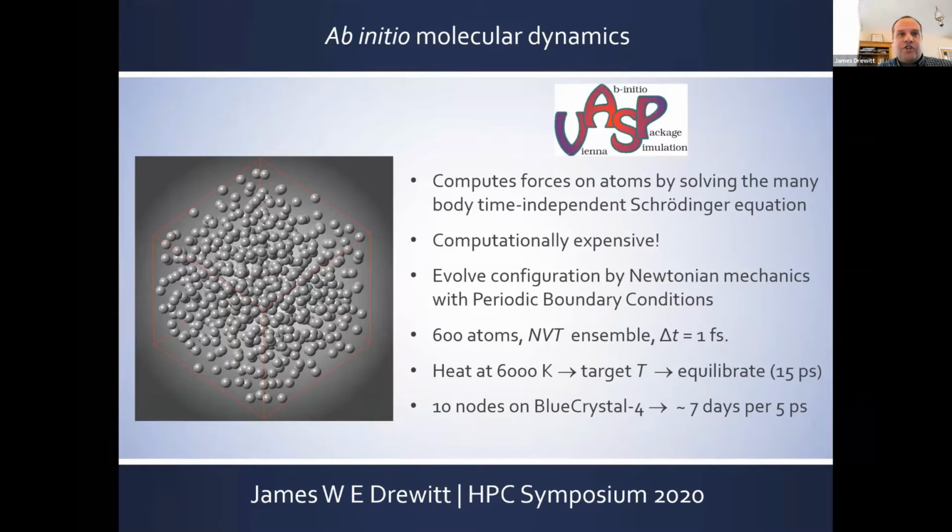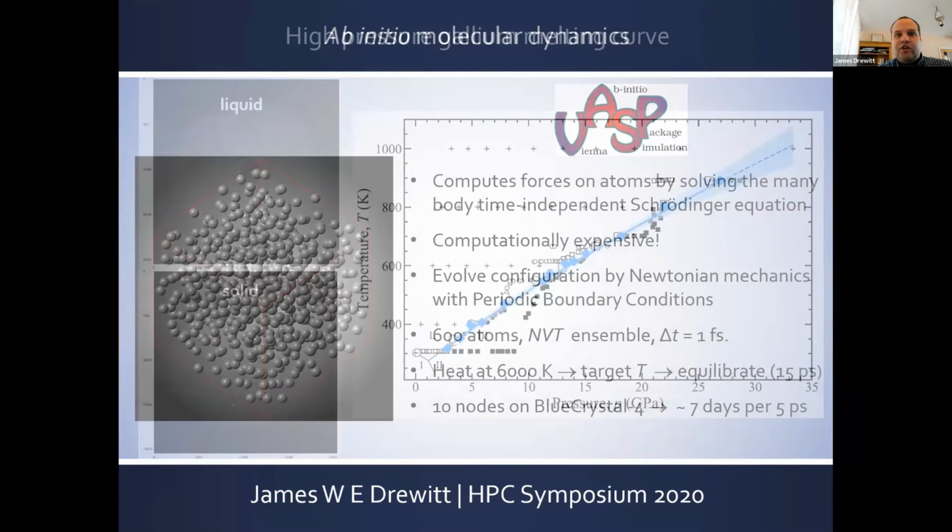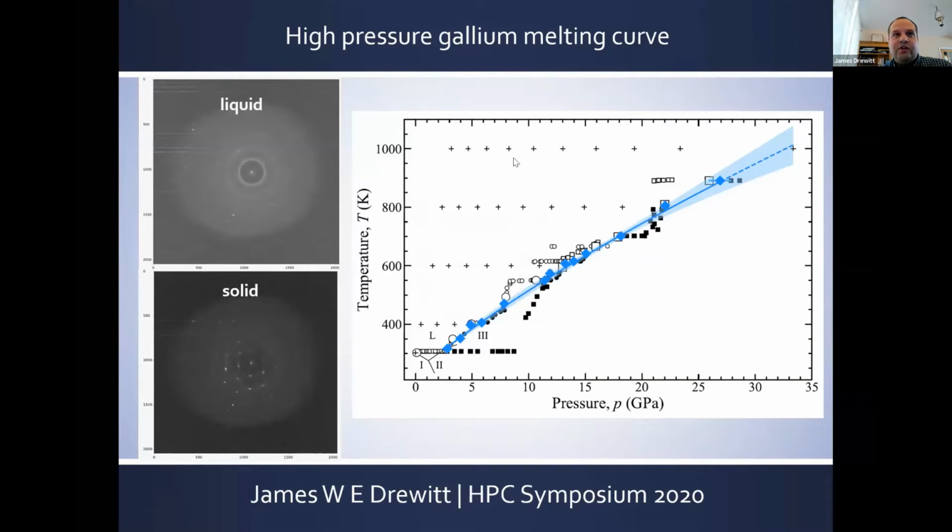So here I show the experimental and simulation conditions explored. Experimentally, the melting curve was constrained by observing either the liquid diffuse pattern shown here on the top left, or the single crystal solid diffraction pattern on the bottom left. And the melting curve here shown in blue was fitted through the midpoints of these melting brackets shown by the blue diamonds.